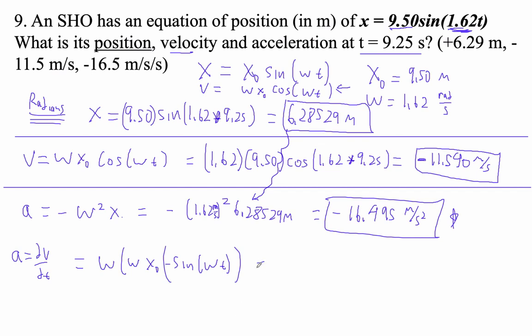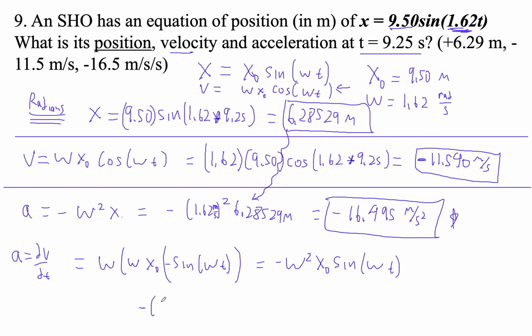And that becomes the opposite of omega squared x naught sine omega t. Now we really haven't made our life any easier, but now we have a function that actually creates the acceleration. Totally disregard this. This is the answer. This is how you should get it. I'm just showing folks that know calculus how we could get it.